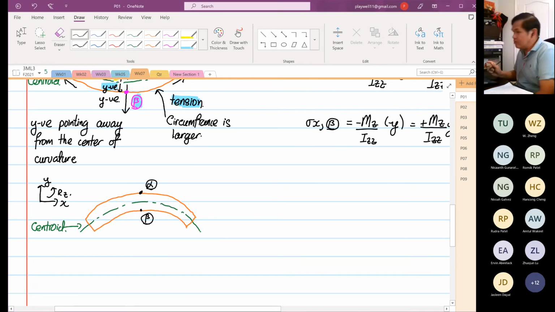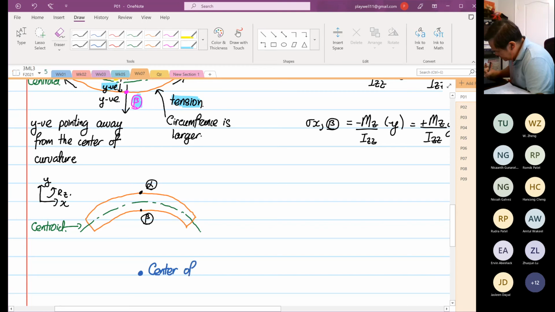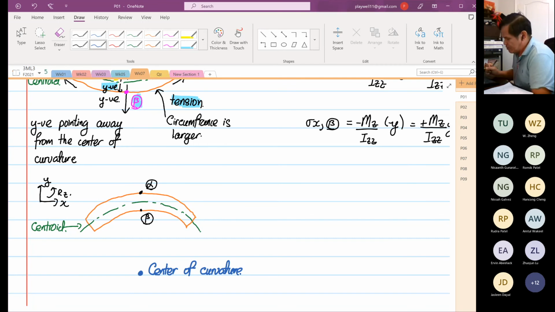Now the center of curvature changes. As you can see over here, this now becomes the center of curvature.